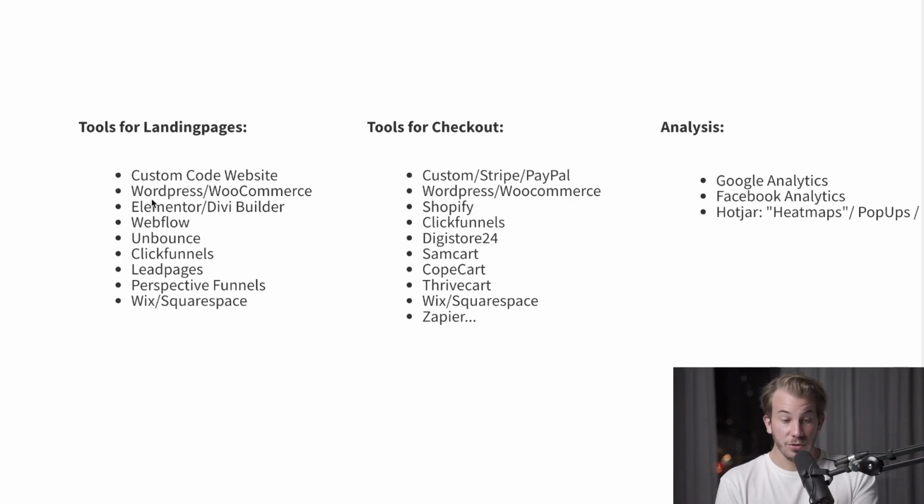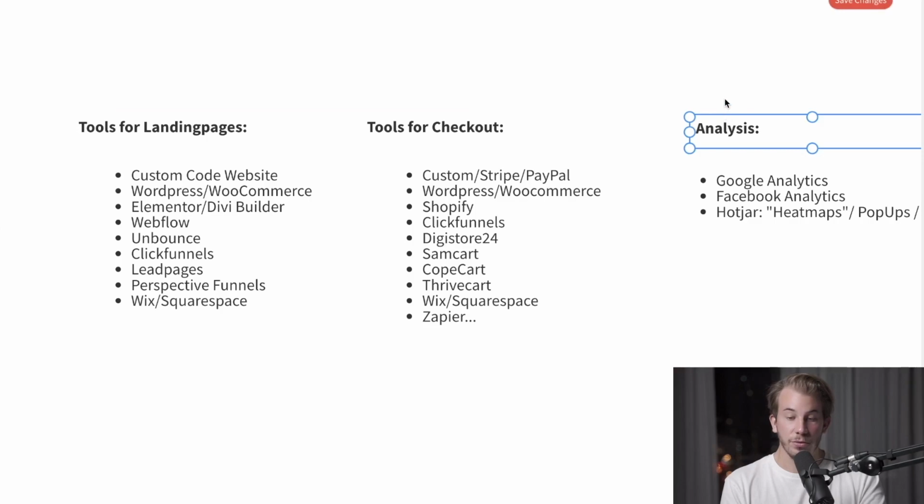And I'm just going through this list, and you can basically check out most of these tools on your own for free by getting the first 14 days, 30 days, or a free first month. Most of the tools offer that.